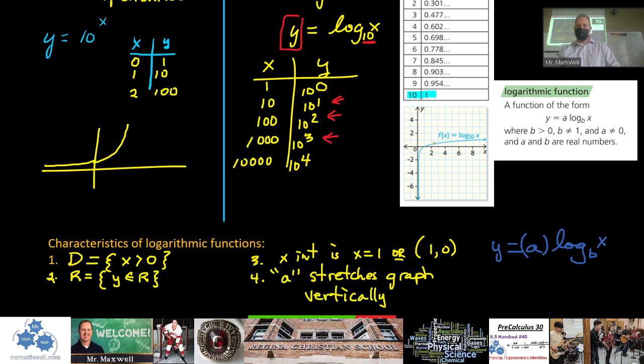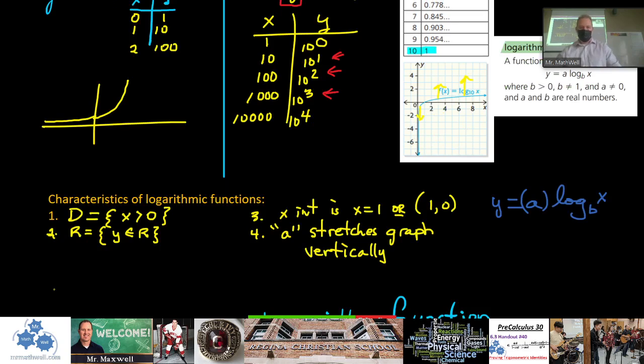So all the numbers are multiplied by a, whatever a is. And even this goes down a little bit for the negative numbers, right? Times a. And point number 5 is there is no y-intercept.